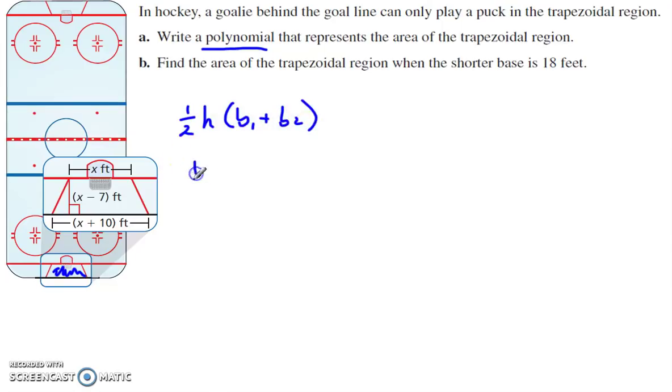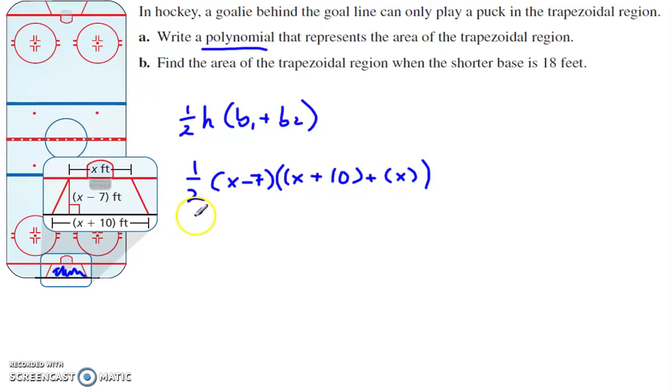Okay, so we're going to have 1/2, and the height is x minus 7, and then times base 1, x plus 10, plus base 2, x.